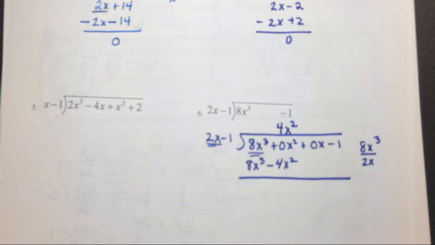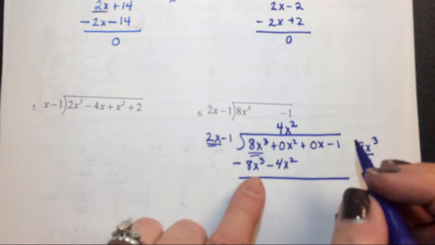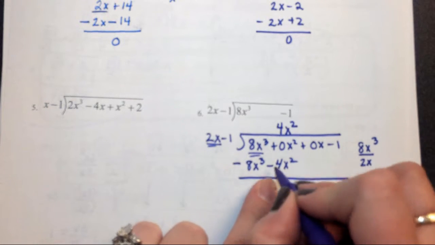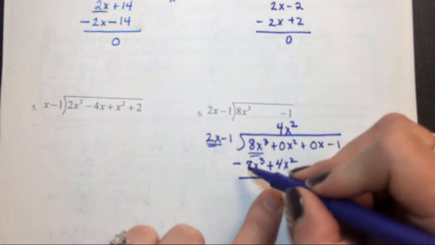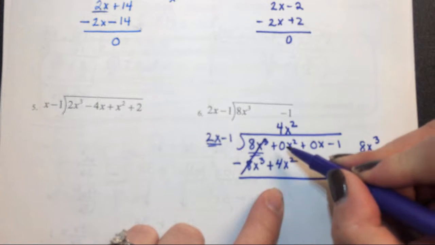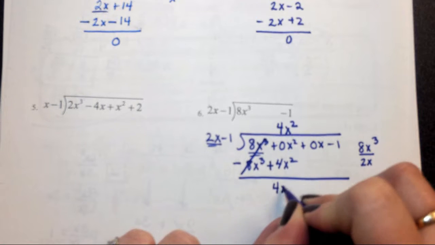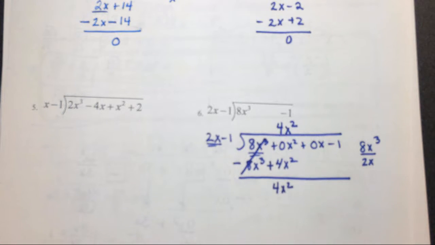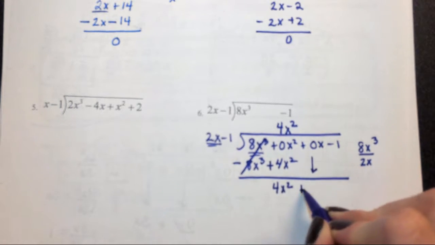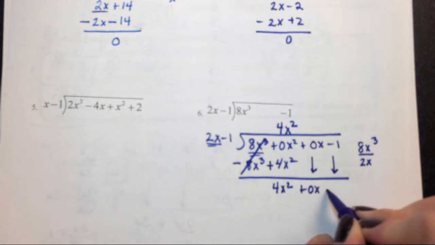I need to subtract. So it's going to be a minus 8x to the third. And again, what happens with minus and negative? It becomes a positive. So the 8x to the third cancels. 0x squared plus 4x squared will give me a what? Do you do the opposite sign? Yes, when you subtract, yeah, you just flip all your signs. And then you bring down, remember, so I have my plus 0x and bring down my minus 1.